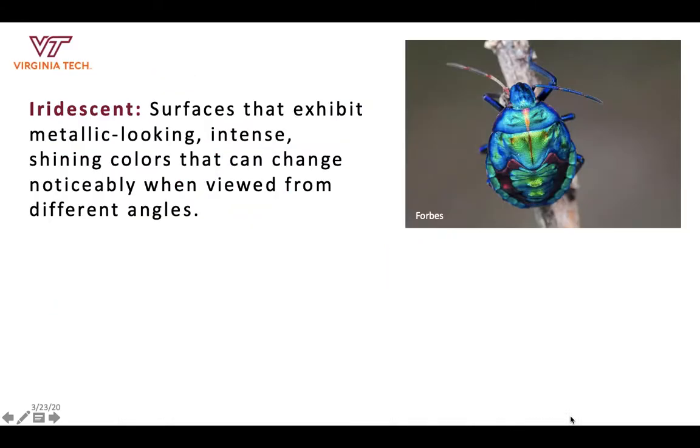So we'll start with talking about iridescence, just to get a handle on a couple of the basics of diffraction. So something which is iridescent has a surface or surfaces that exhibit metallic-looking, intense shining colors that can change noticeably when you view them from different angles. And so examples of iridescence are many, but you've probably seen beetles that are iridescent, like the one shown here.